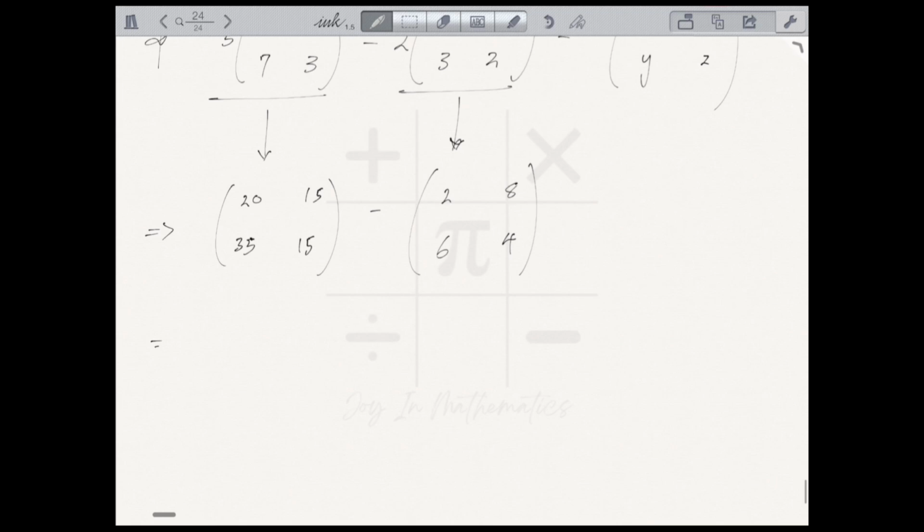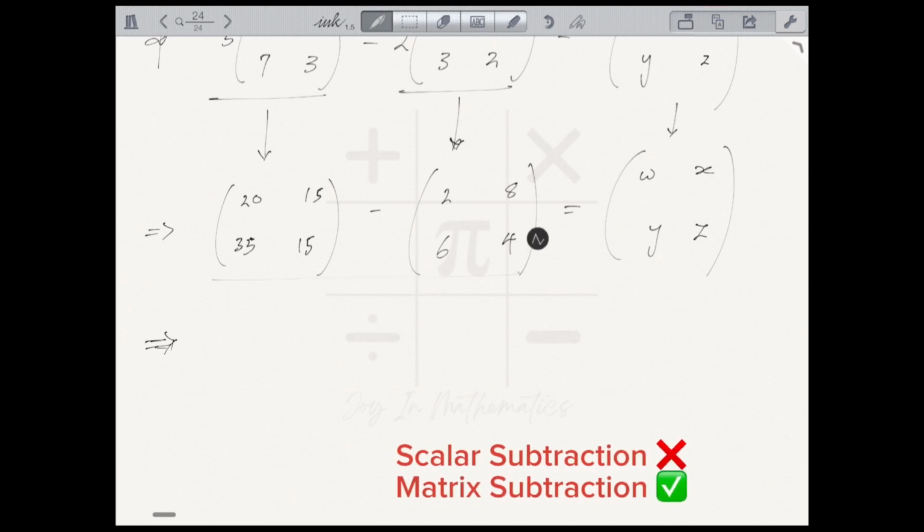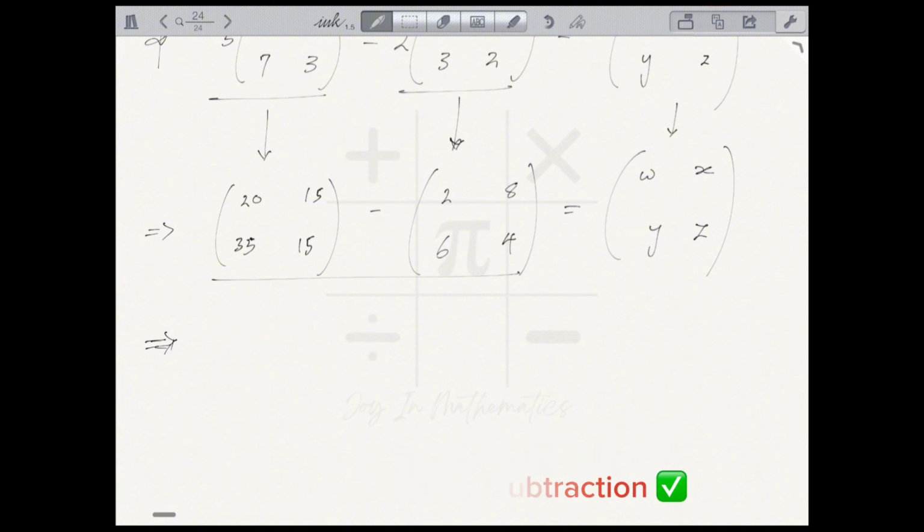Now we know that this is still equal to [w, x, y, z]. Now we perform the matrix subtraction, which results into 20 minus 2, 18, 15 minus 8, 7, 35 minus 6, 29, 15 minus 4, 11, which is equal to [w, x, y, z].